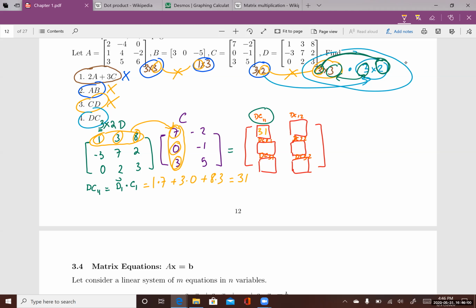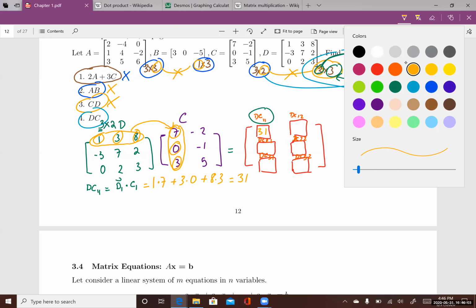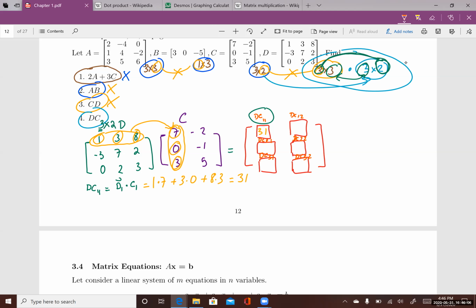If you want to get DC12, you take the row vector D1 and dot product it with the second column, C2.